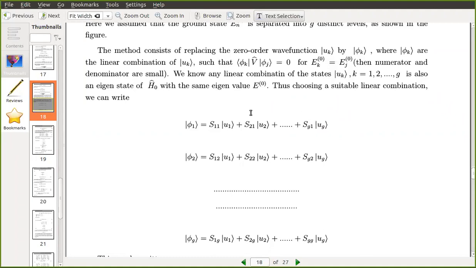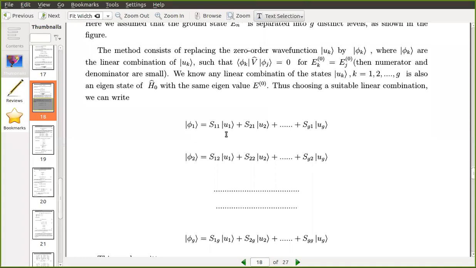So we made a linear combination of all these degenerate states, and we superposed these states so that new states phi 1, phi 2, etc. up to phi g are formed. So actually we are going to replace these degenerate states u1, u2, etc. up to ug by phi 1, phi 2, etc. phi g.